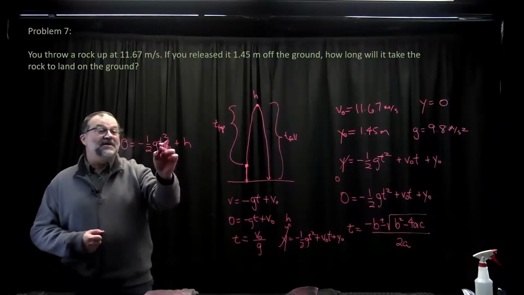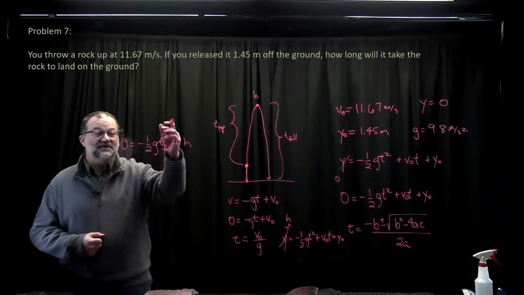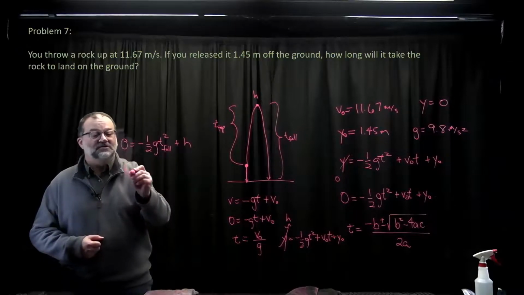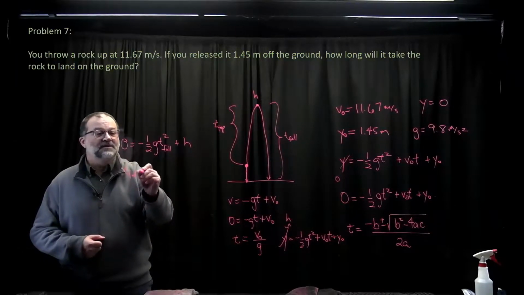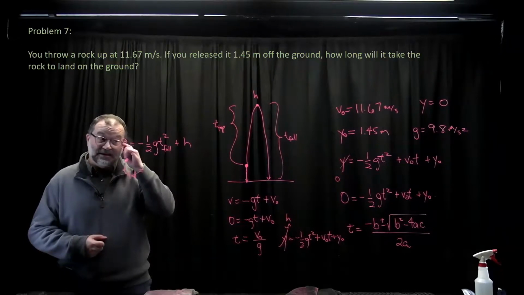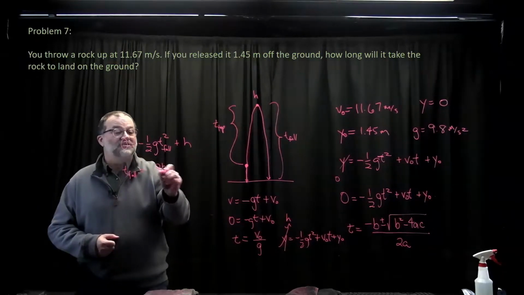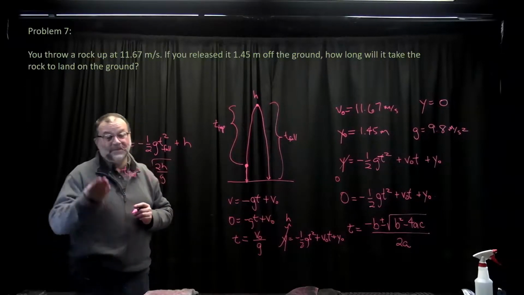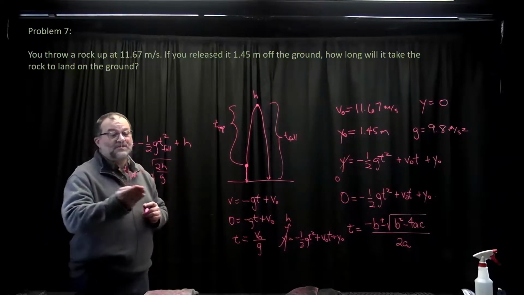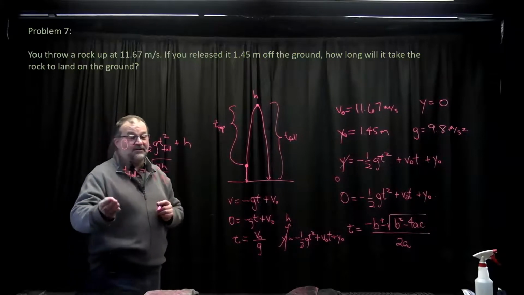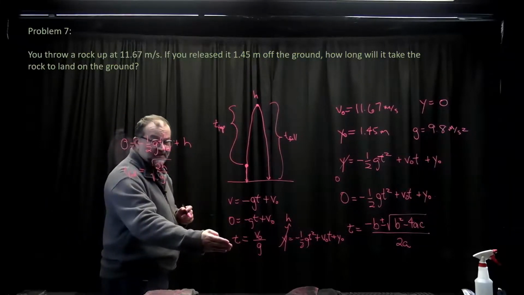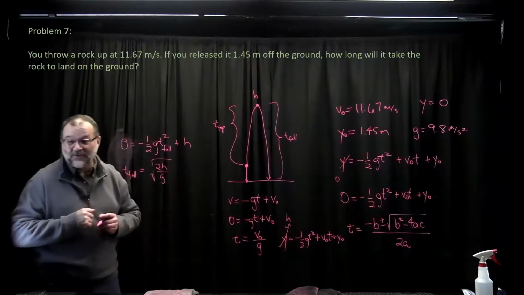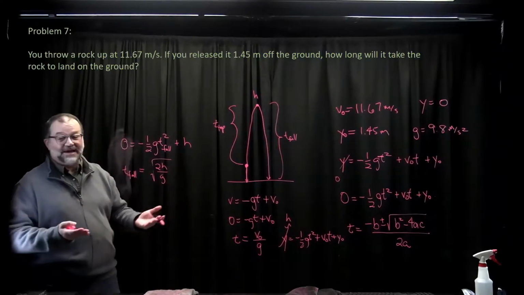We can solve this for the time it takes to fall: t fall is the square root of 2h over g. So we know how long it takes to fall, and we know how long it takes to get to the top. We just add the two together and we get the answer.